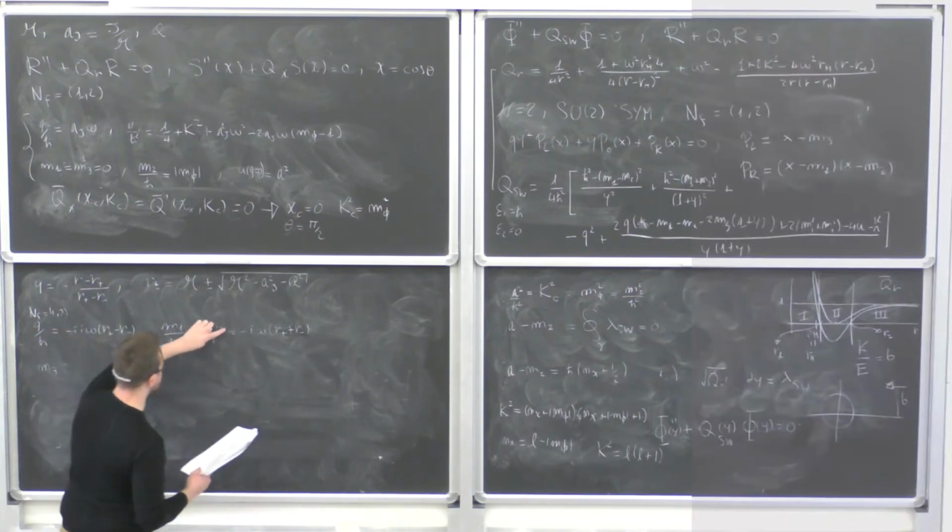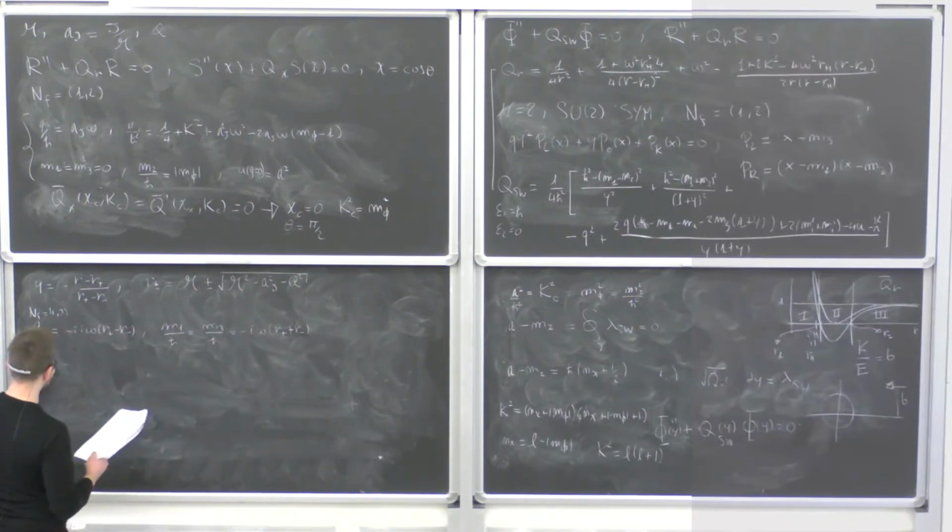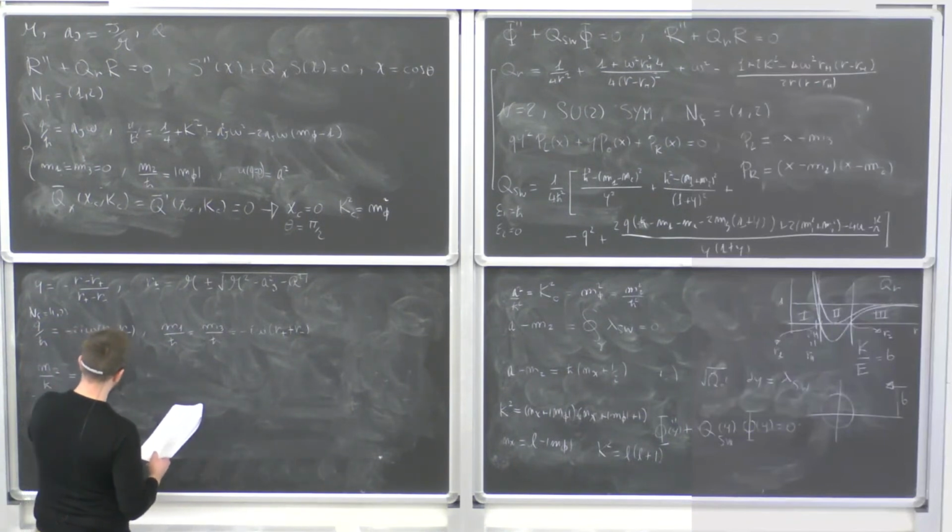This is 3. And then we have 2 here over h bar. It's more complicated.